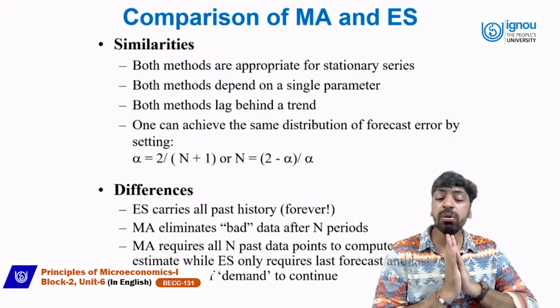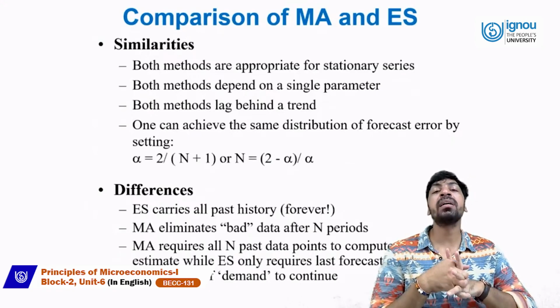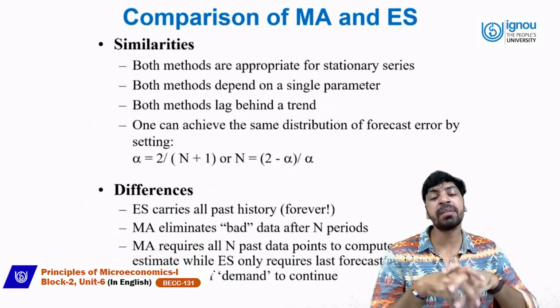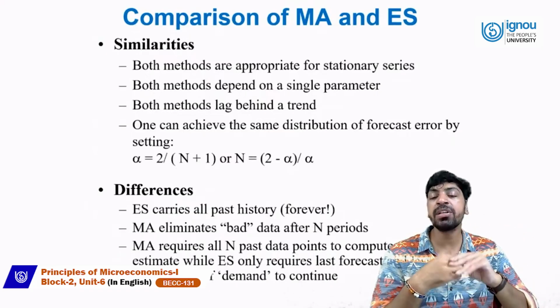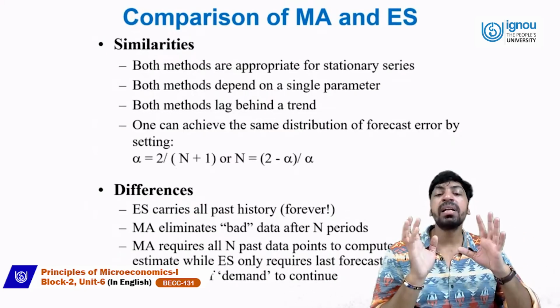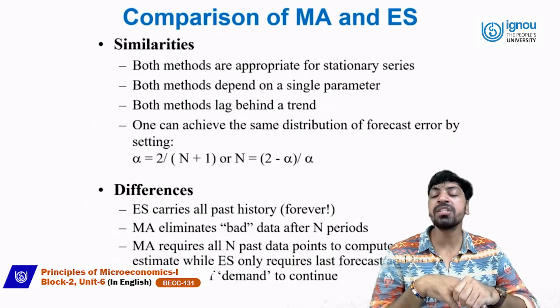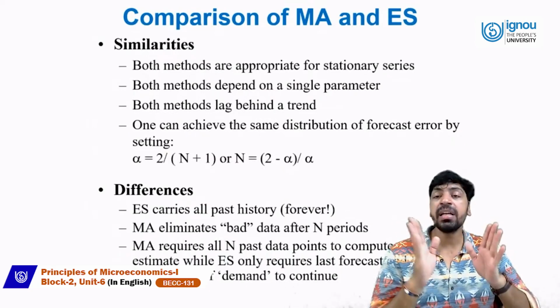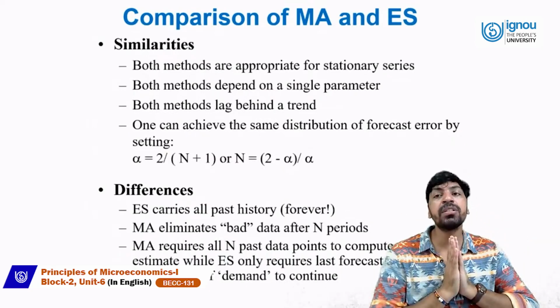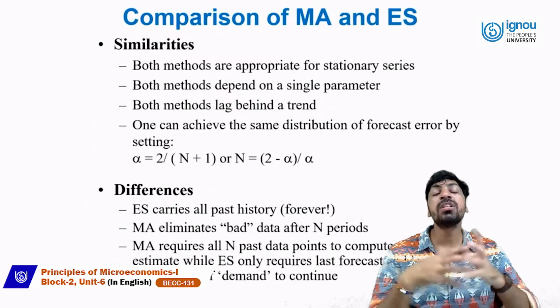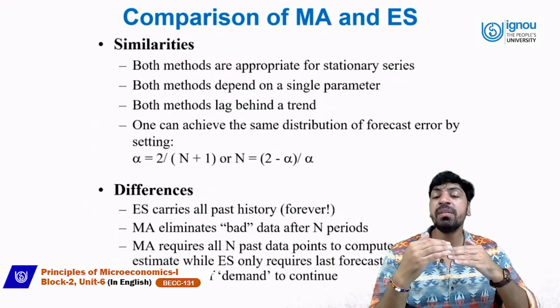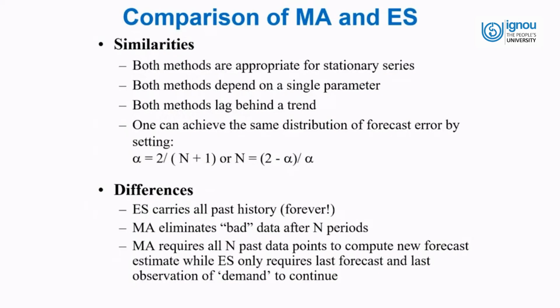Of course, both methods require past data points to calculate the new forecast values. But in fact, the exponential smoothing only requires the last forecast and the last observation of demand to continue. If you see how I calculated the exponential smoothing, the forecasted values are calculated based on the last period. So that's why there is a huge difference from the moving average.